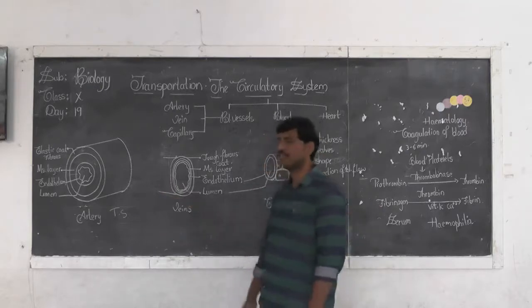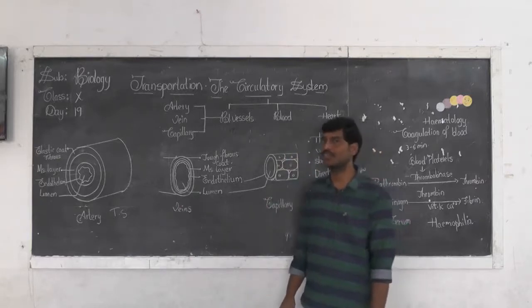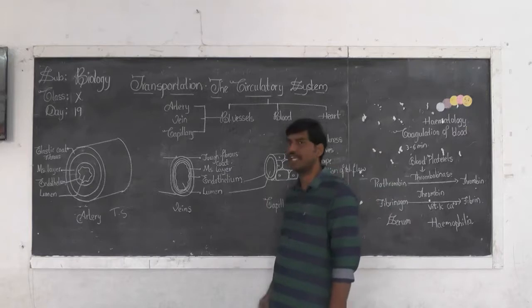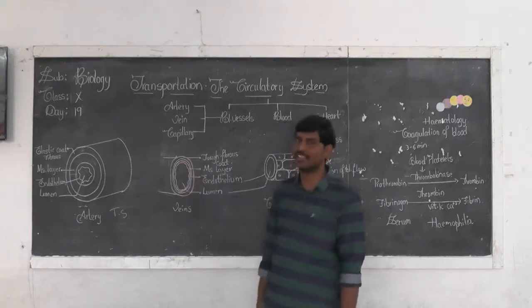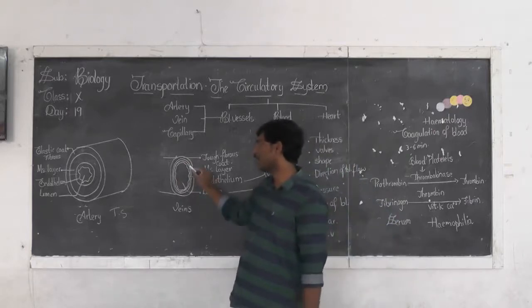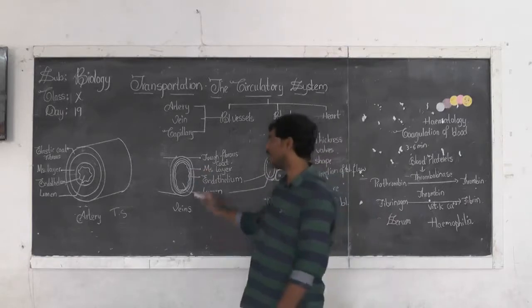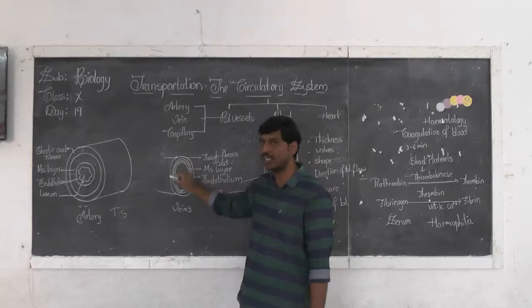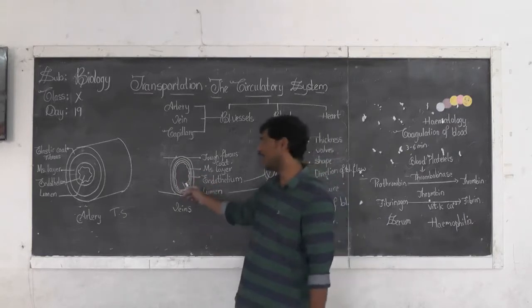Then let us see the transverse section of veins in the same way. In the transverse section of veins, you can see a tough fibrous coat. It is not elastic, it is a tough fibrous coat, and the muscular layer is very thin. Once again you can see the endothelium, the inner lining cells, and the wide lumen.